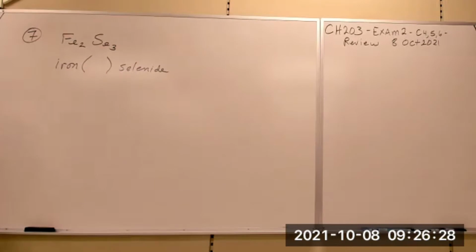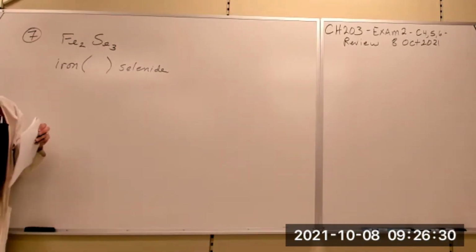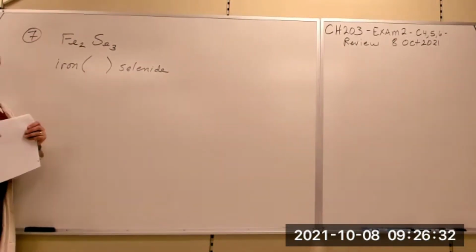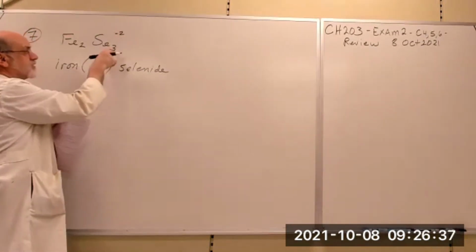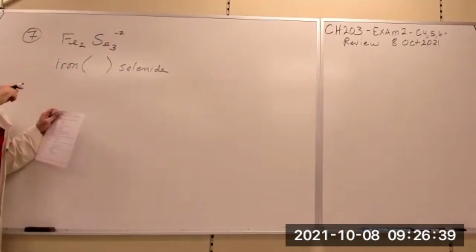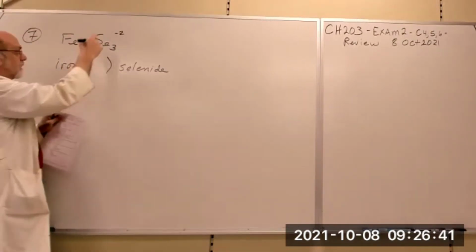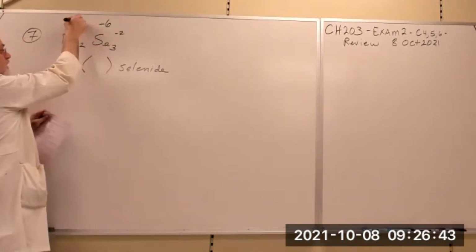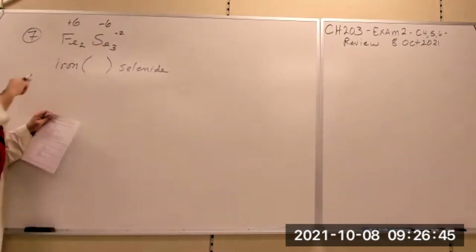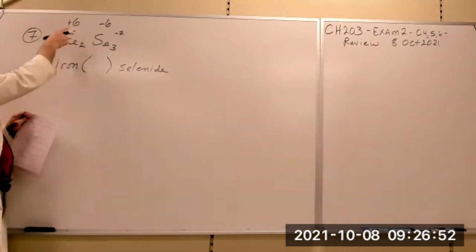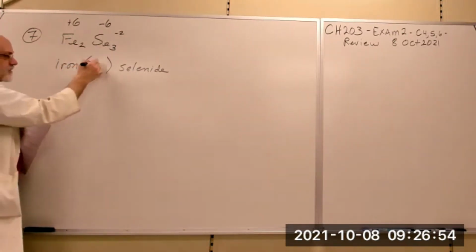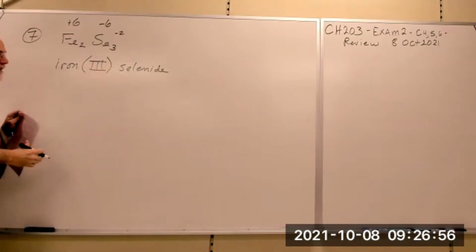Selenium is in the oxygen group, so it's going to be a -2 charge. All the oxygen group is -2. So if that's -2, then we have a total of -6 that we have to deal with. So this has to be +6 total. That means each one of those ions contributes +3. 2 times +3 is +6. So there it is.